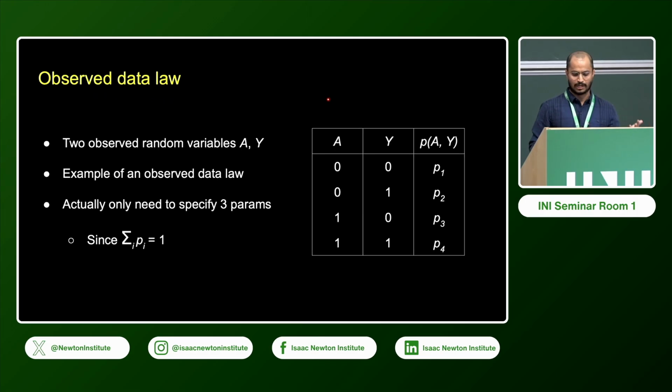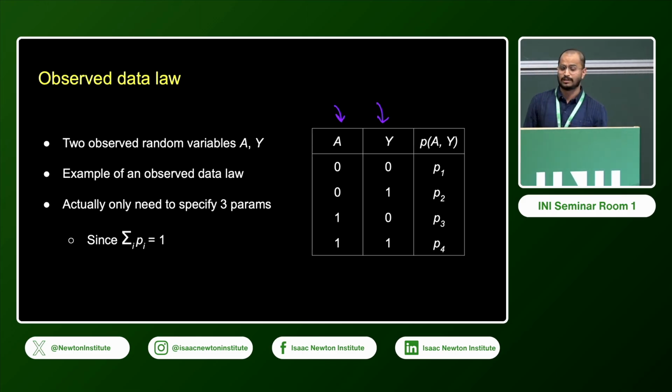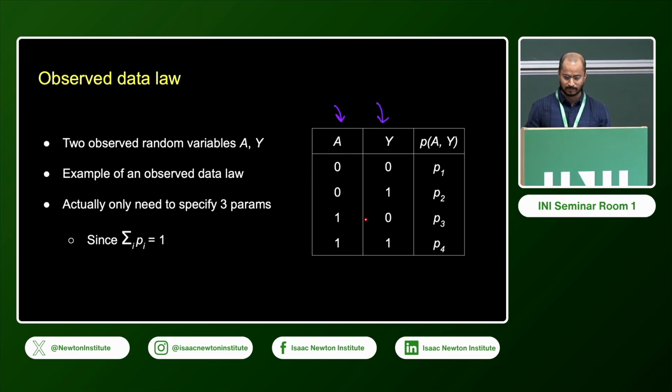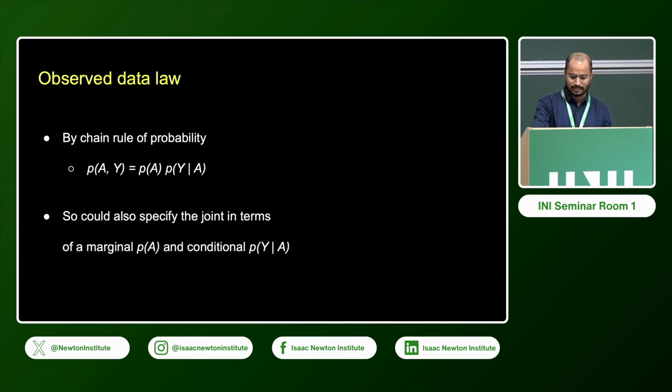And here's an observed data law that's defined over two binary random variables, A and Y. And for each combination of values that they could take on, so 0,0, 0,1, and so on, I just assign a probability. So P1, P2, P3, and P4. And in fact, I only need to specify 3 of these, because, of course, probabilities need to sum to 1.